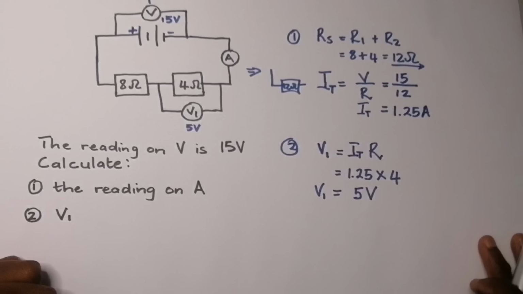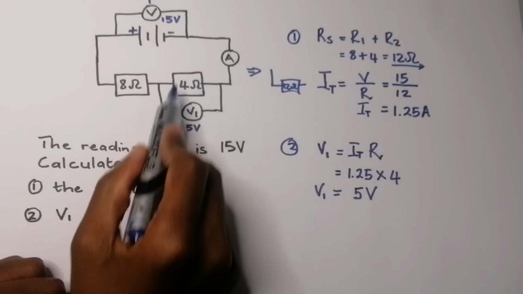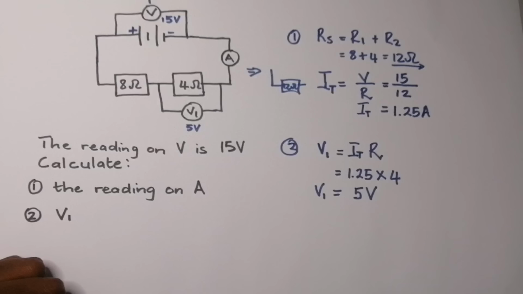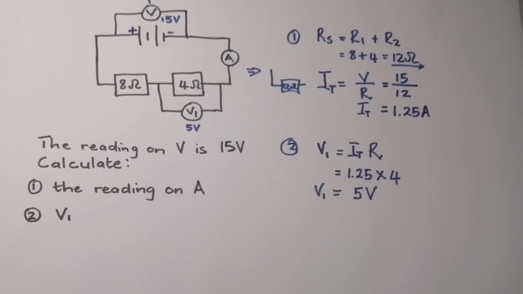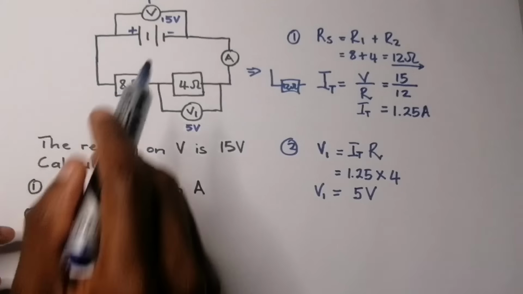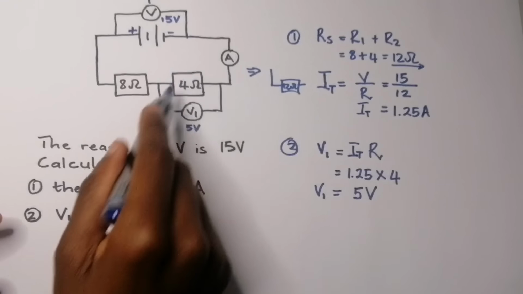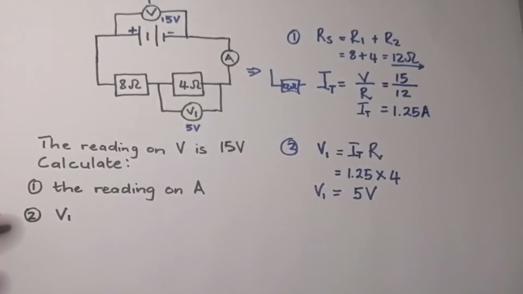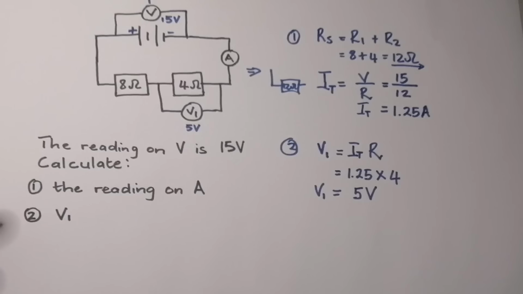The battery is supplying us with 15 volts, right? But this guy is only using 5 volts. Where's the rest of that voltage? Remember, we said the voltage that is supplied must be the voltage that is used. The battery is supplying us with 15 volts, but now we only use 5 volts across the 4 ohm resistor. So where's the rest of it? Of course, it's over here on the 8 ohm resistor.